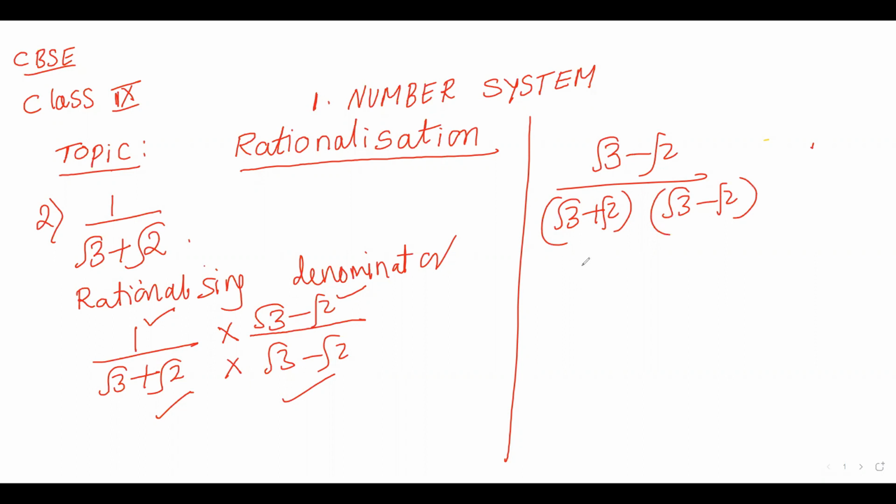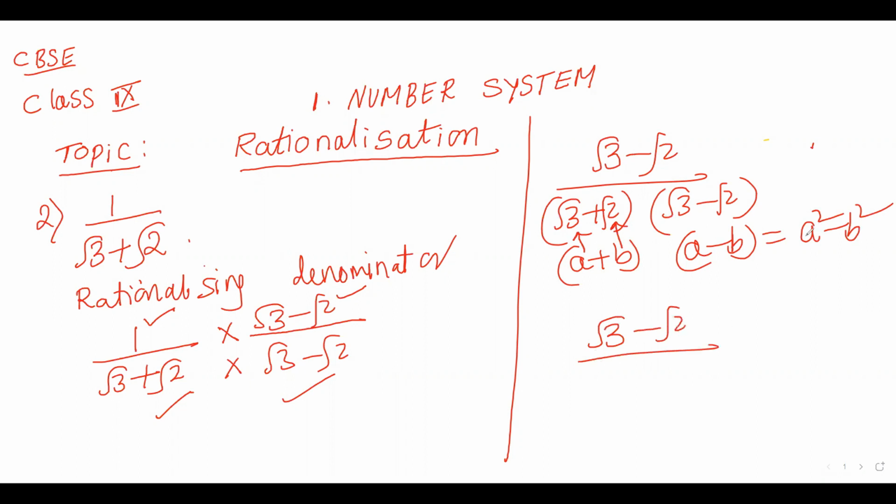It is in the form of a plus b into a minus b. It can be written as a square minus b square. A value is root 3, b value is root 2. So in the next step, a square means root 3 square, b square means root 2 square, square and root will get cancelled.